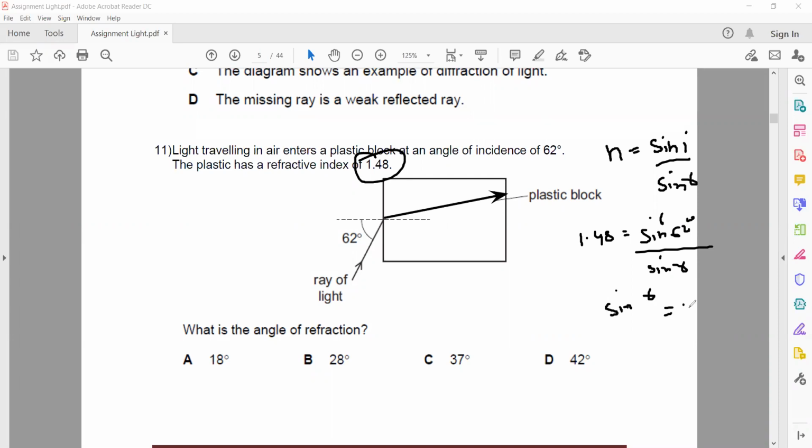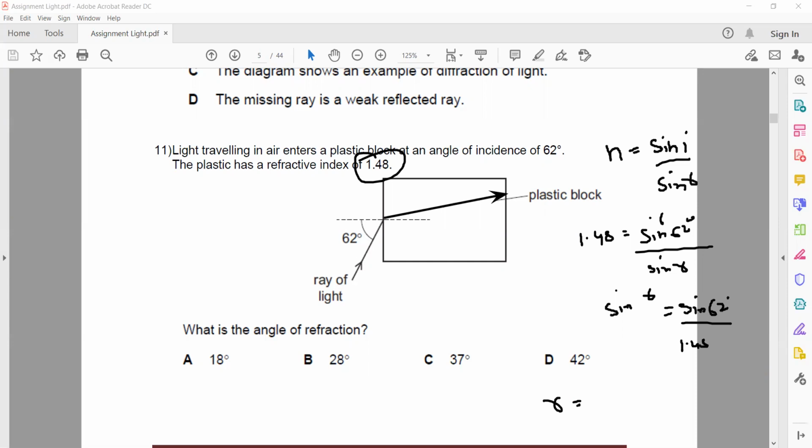So sine R is equal to sine 62 divided by 1.48. And then you need R. What is the answer for sine 62 divided by 1.48? It is 0.6.